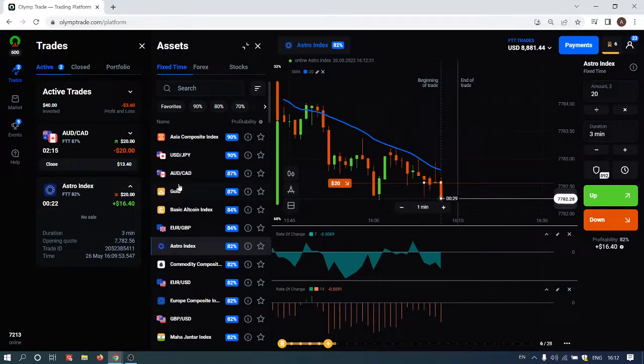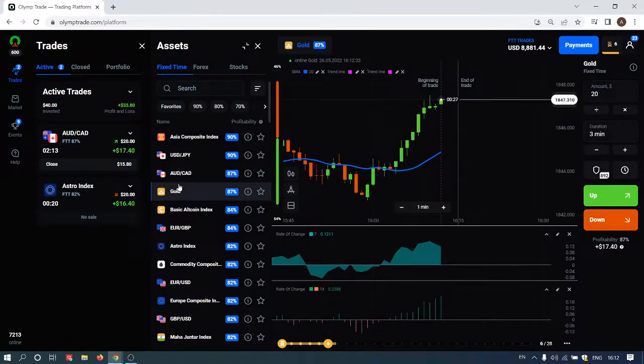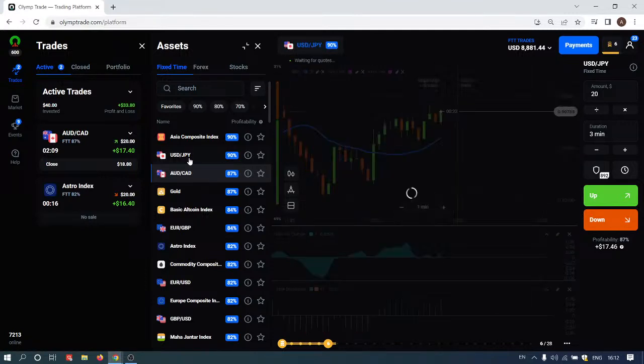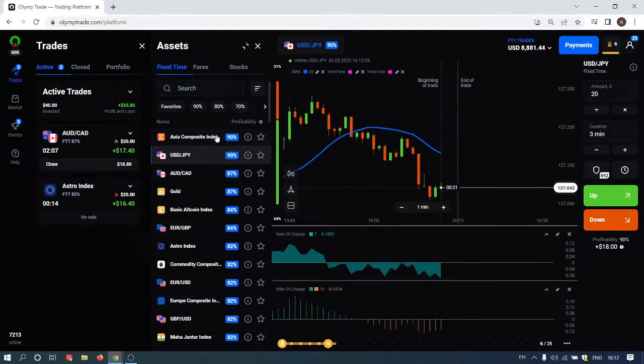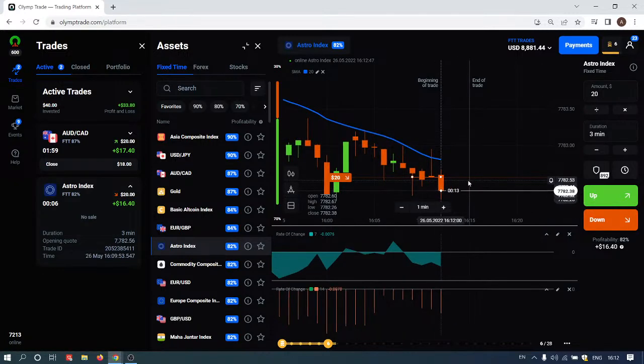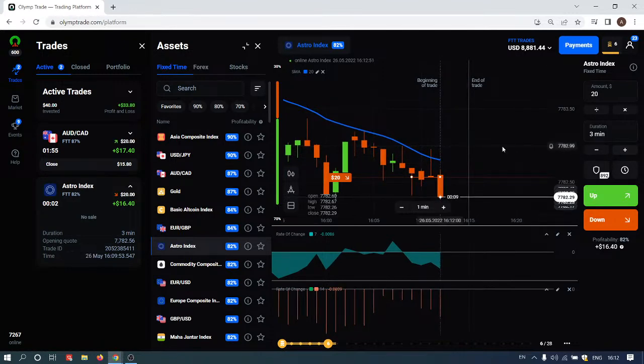So Astro Index, very technical. Well, I would say in general, whenever you see the word index at the end of the name of an asset, that is usually a good sign that the asset is a very technical one.